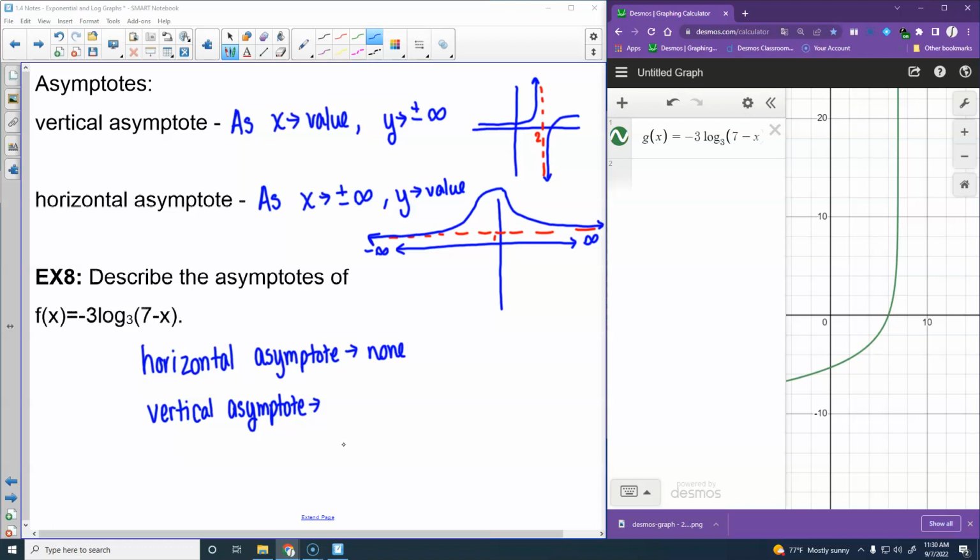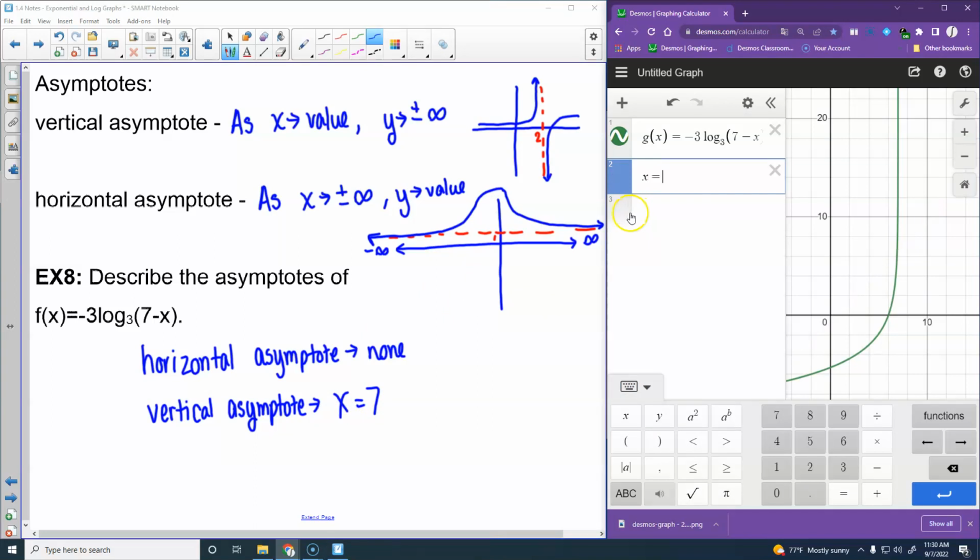It's either x equals a number or y equals a number. Which one is it? It's x equals. And if you're not sure, if you're allowed to use Desmos on this, type it in. X equals 7 is going to give us what we want. If I put a y there, it does not. It gives me a horizontal line. All right. So vertical asymptote is at x equals 7.